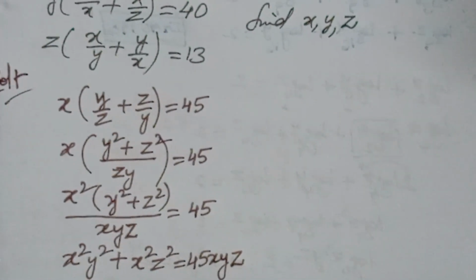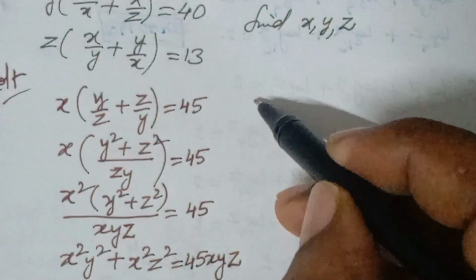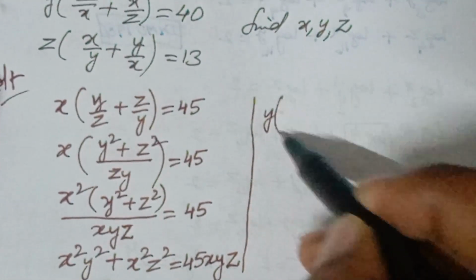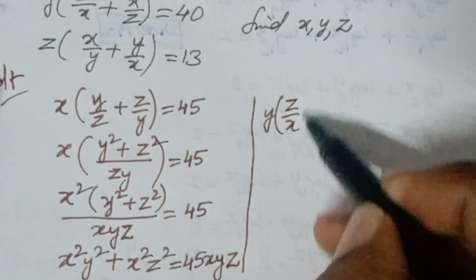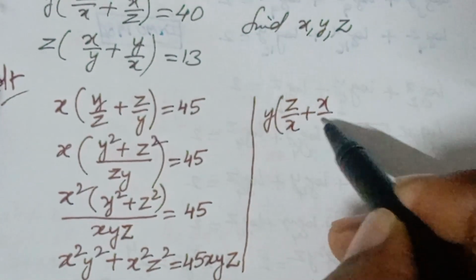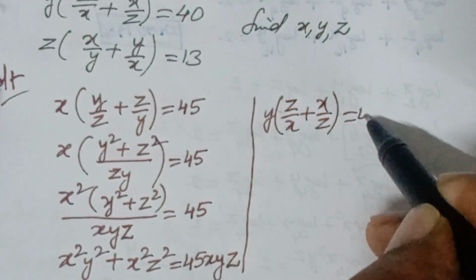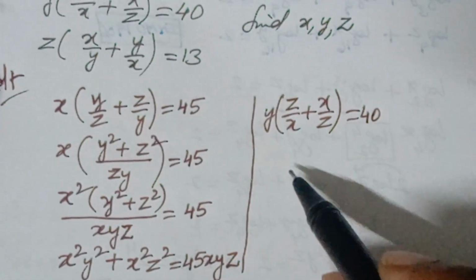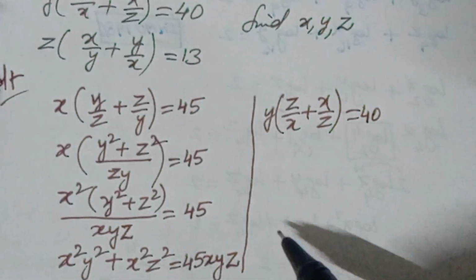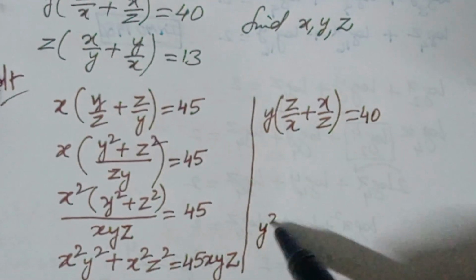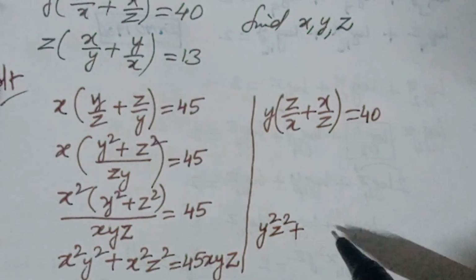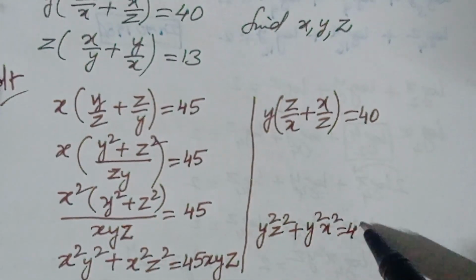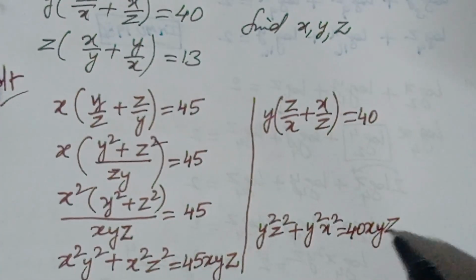Similarly, the remaining two also you can write down. y into (z by x plus x by z) is equal to 40. Similarly, you can multiply with y. So here you will get y square z square plus y square x square is equal to 40 xyz.